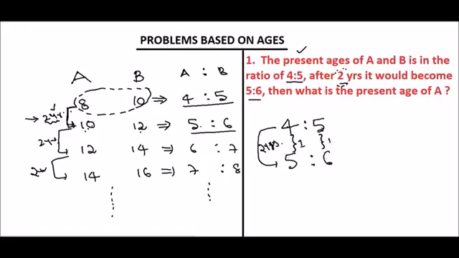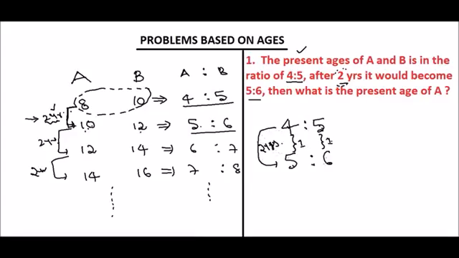Observe carefully, students. I am explaining the shortcut. Already we have learnt the basic concept of that. Now 4 to 5: the first term in the ratio, 4, has become 5. The second term, 5, has become 6. Here the gap is 1. Rather than 1 year, you can take it as 1.